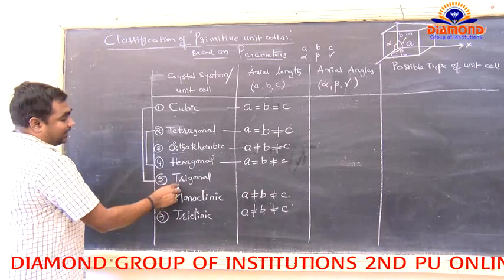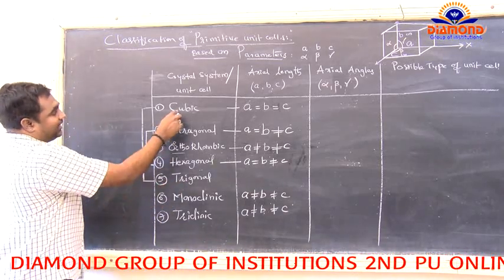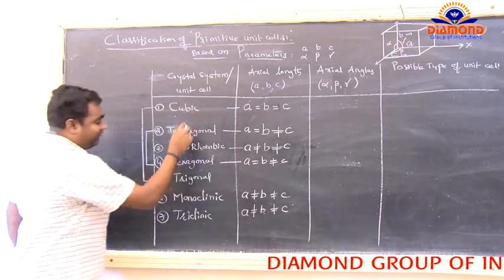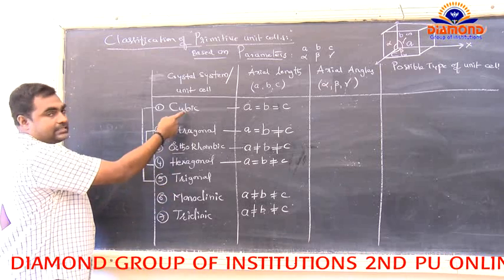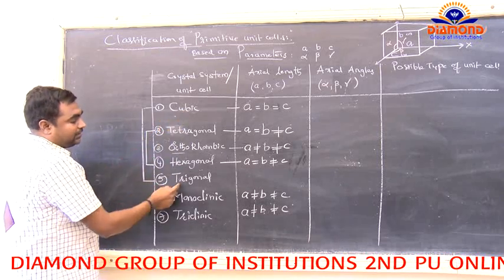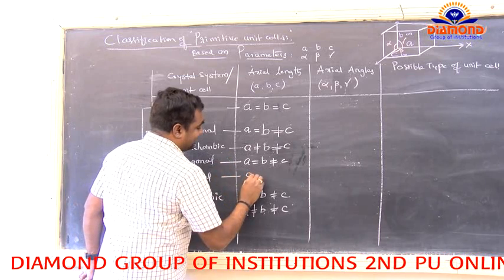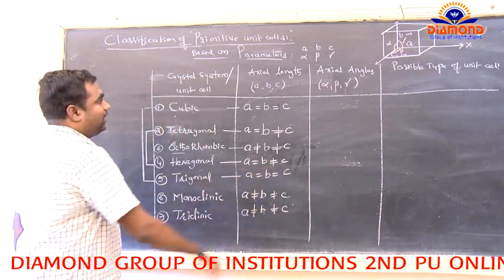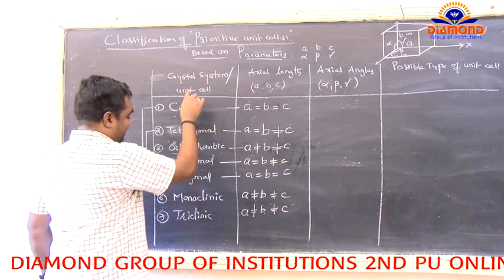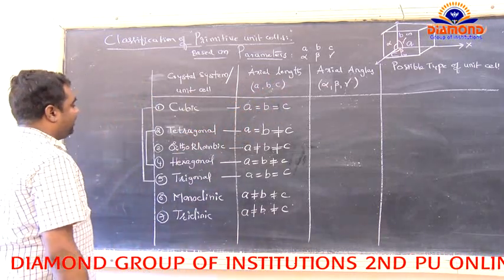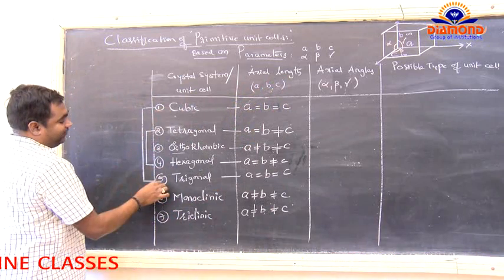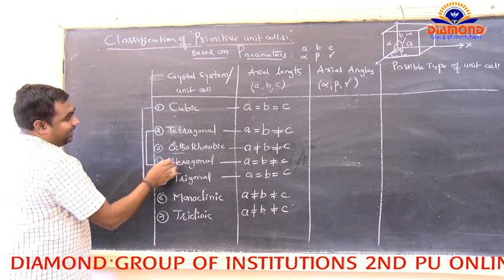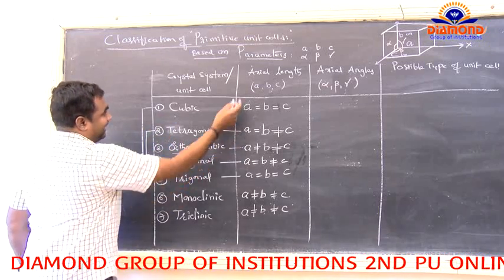Whereas in the fifth case, the cubic has a equal to b equal to c. In the same way, the trigonal follows the same, so the trigonal carries a is equal to b is equal to c. So these are the total axial lengths for the 7 unit cells. Here 1 and 5 are the same, and 2 and 4 have the same axial lengths.